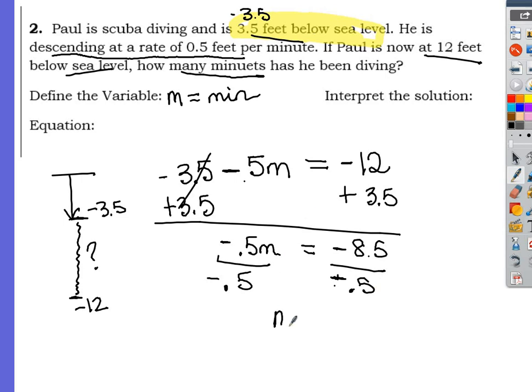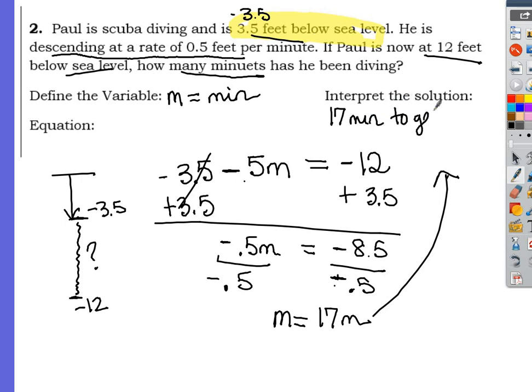Okay, and m is equal to 17 minutes. So again, interpreting our solution, it's going to take him 17 minutes to get to 12 feet below sea level.